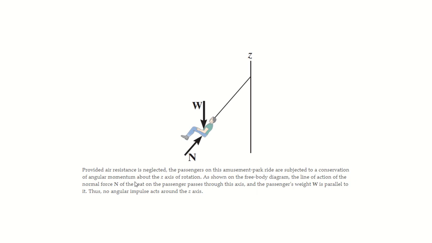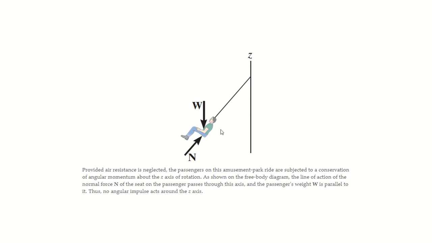So if you neglect the air resistance, meaning when we talk about air, there's a gazillion particles in there as well, but we again assume it's neglected. We're gonna take this amusement park, with the z-axis, that's my dog. Conservation of the angular momentum about that z-axis, and you have your rotation right there.